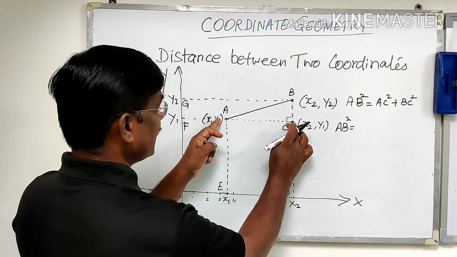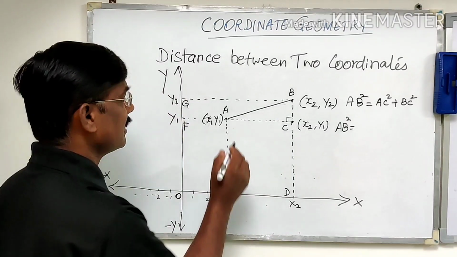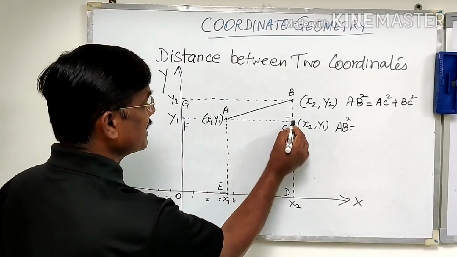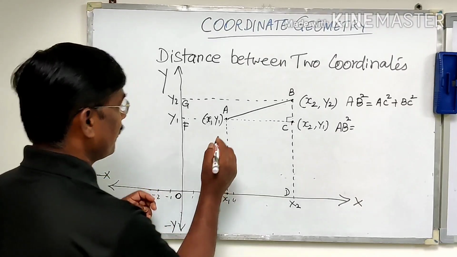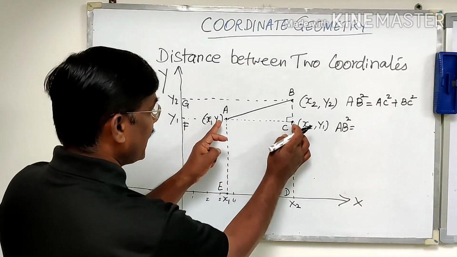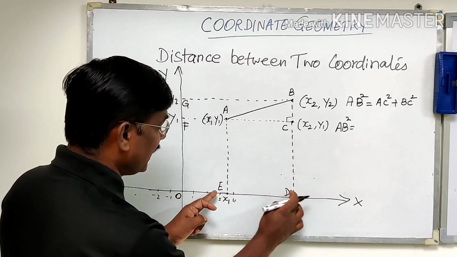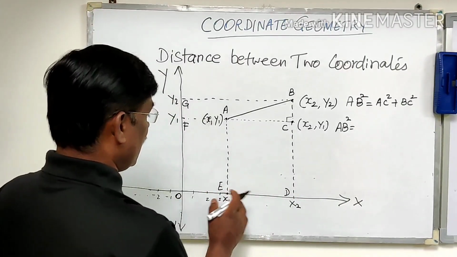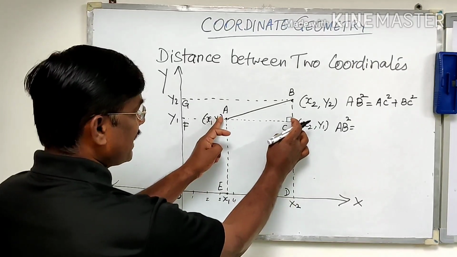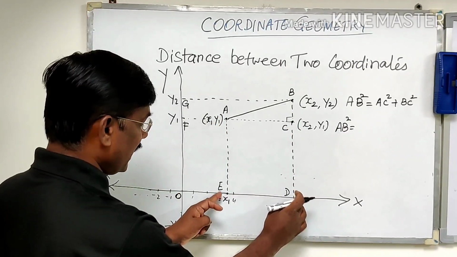What is AC? AC is the distance between A and C. How to find it? AC is parallel to DE or ED, so the length of AC is also equal to ED.